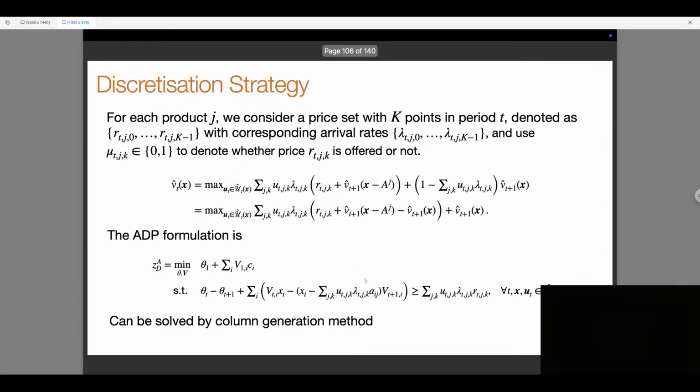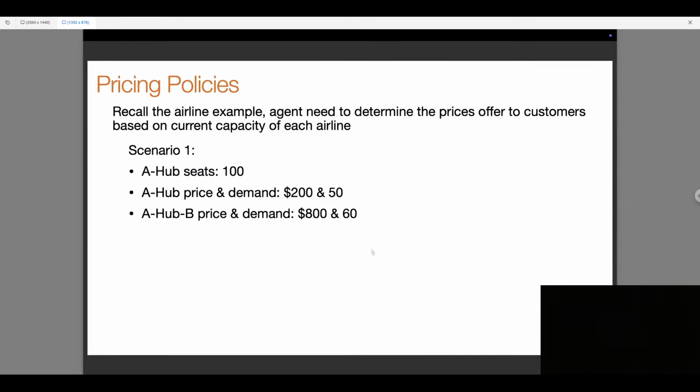And finally, we will come to the pricing policy. How can we determine which price we should offer to the customer? Recall the airline example: the agent needs to determine the prices offered to the customers based on the current capacity of each airline.